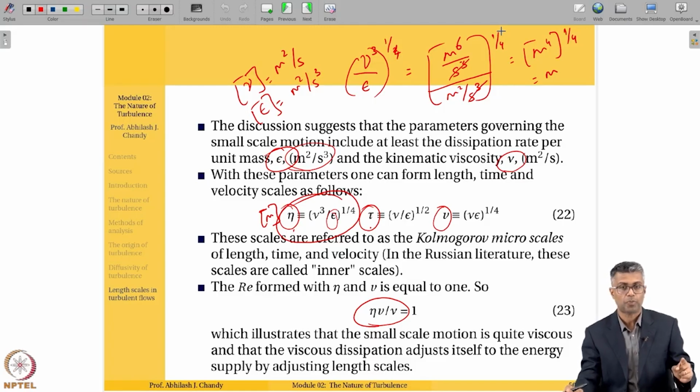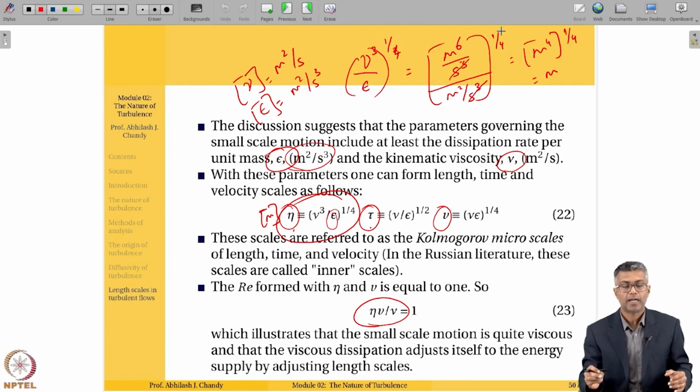Now, one additional point before we move on to the new topic for this class. Since we are talking about the smaller scales in length, time, and velocity, the Reynolds number associated with these scales has to be very small. How small should it be?